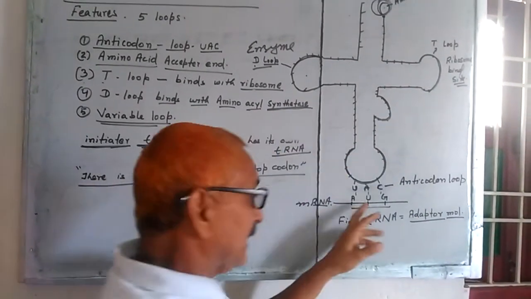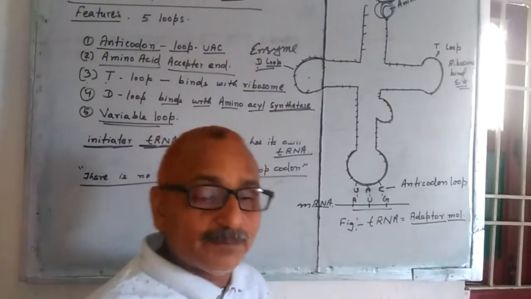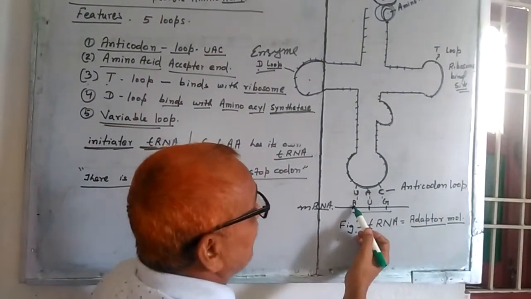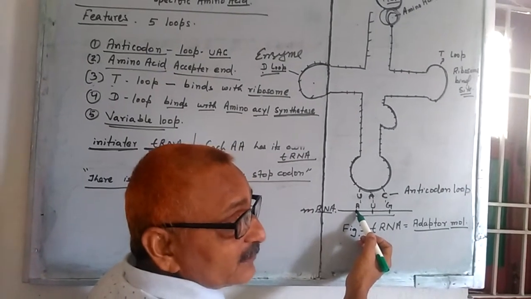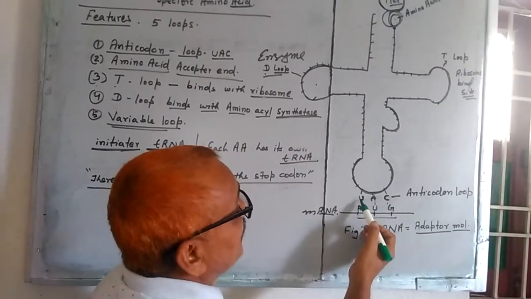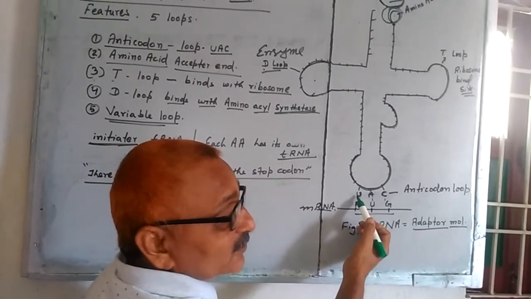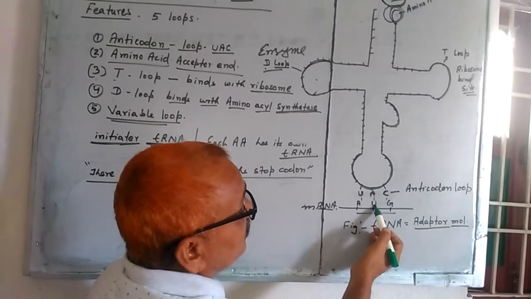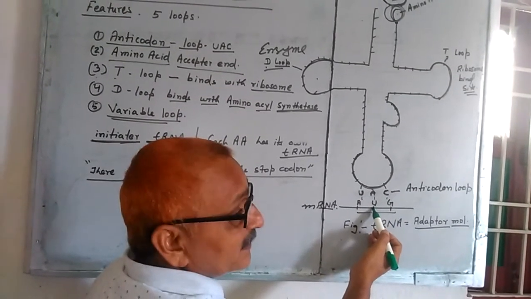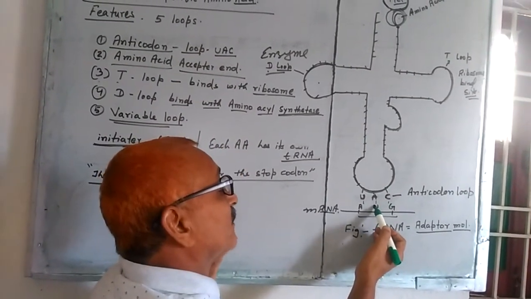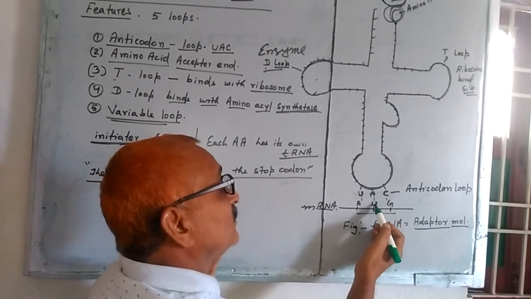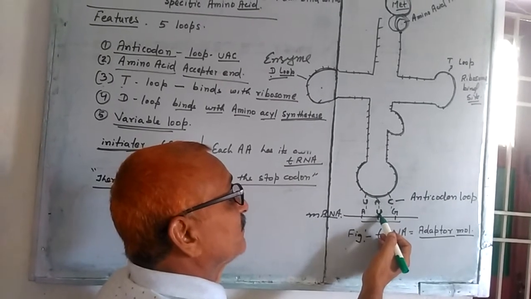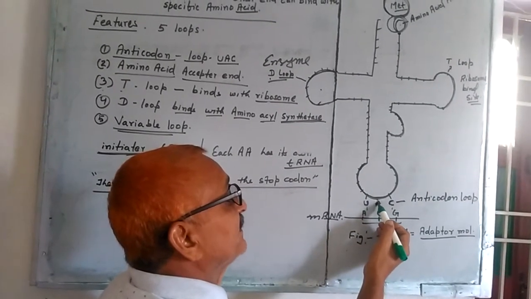Again here is the principle of complementarity. Complementarity means if there is adenine on the messenger RNA, what will be its complement? Adenine pairs with thymine, but in messenger RNA there is no thymine, so uracil will be there. If uracil is on the messenger RNA, its complement will be adenine.